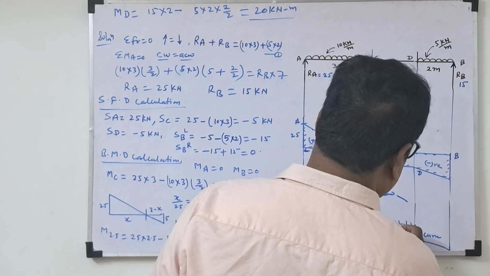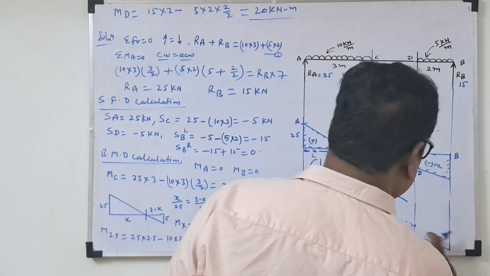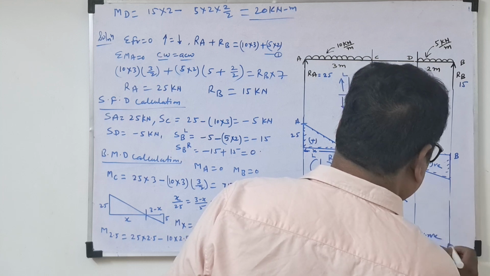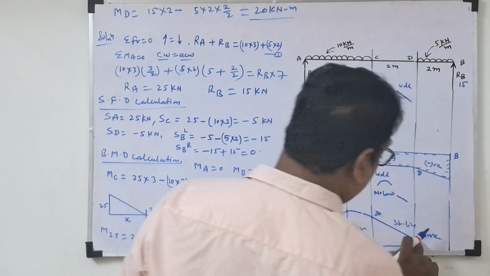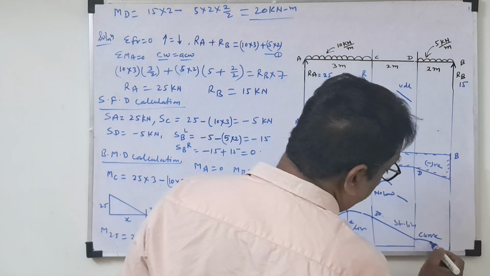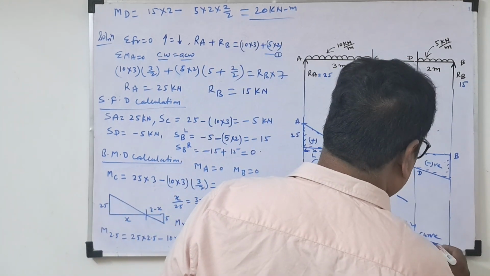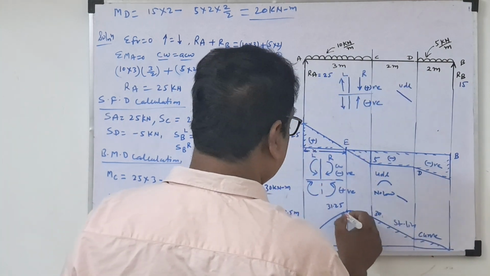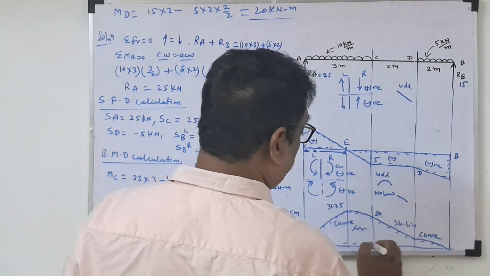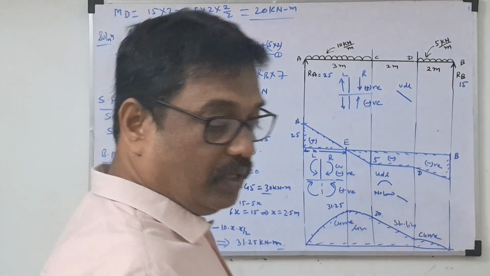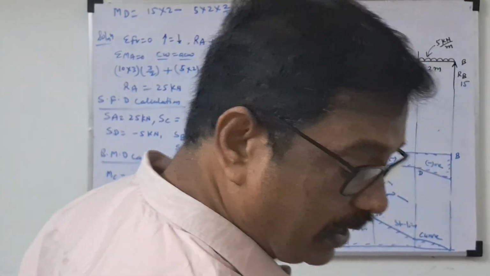So here this is straight line, this is curve, parabola line. Okay, this is the bending moment diagram.